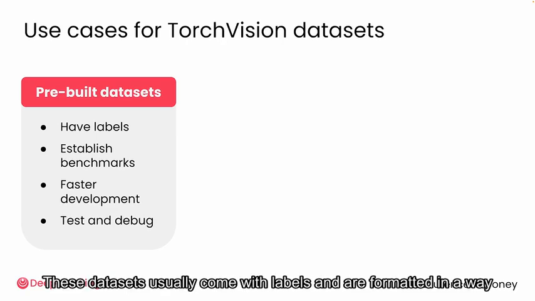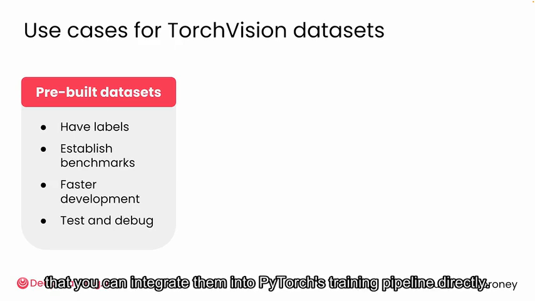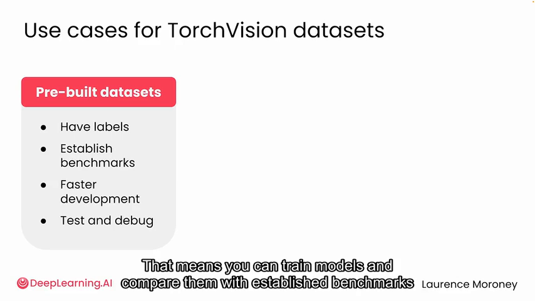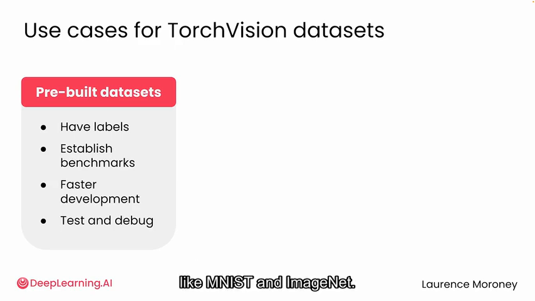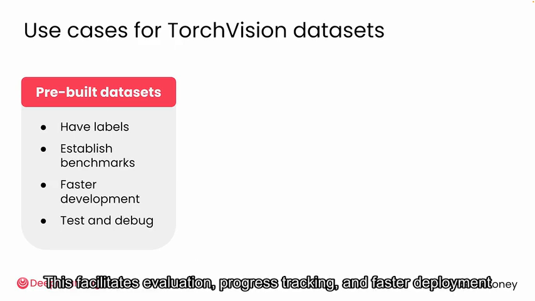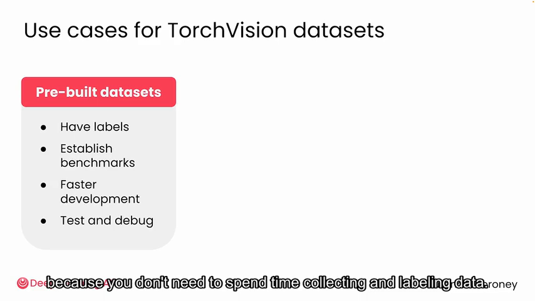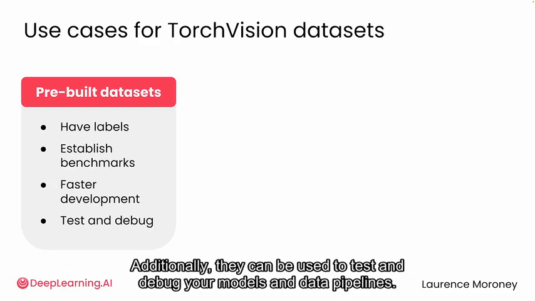These datasets usually come with labels and are formatted in a way that you can integrate them into PyTorch's training pipeline directly. That means you can train models and compare them with established benchmarks like MNIST and ImageNet. This facilitates evaluation, progress tracking, and faster deployment because you don't need to spend time collecting and labeling data. Additionally, they can be used to test and debug your models and data pipelines.